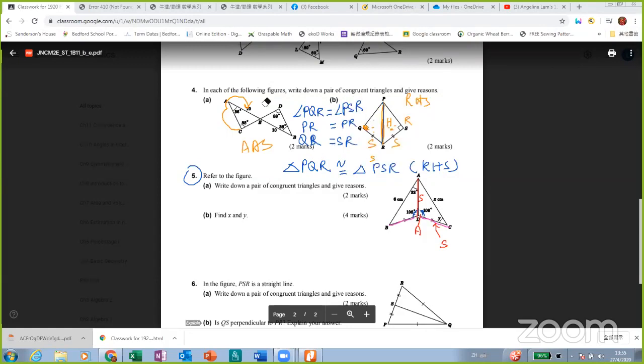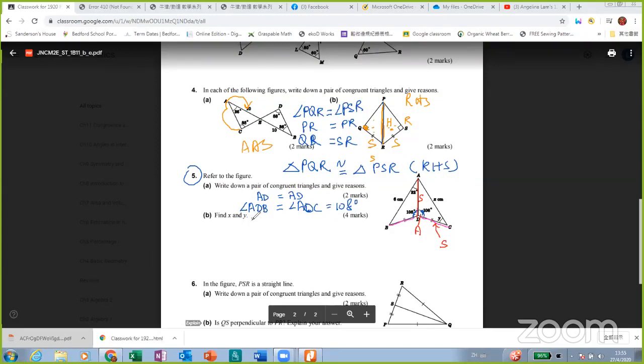Let's see, I should do it in this way. First, I have AD equals AD, because this length is shared by the two triangles. And then if you look at the diagram, I note angle ADB equals angle ADC, because it states clearly that both of them are 108 degrees.